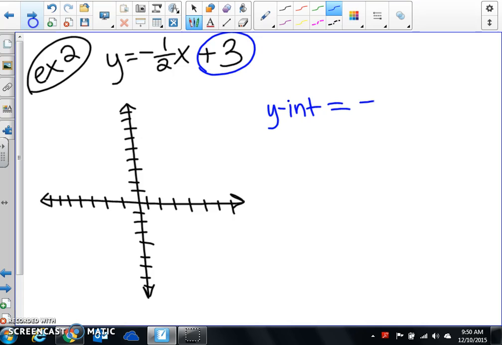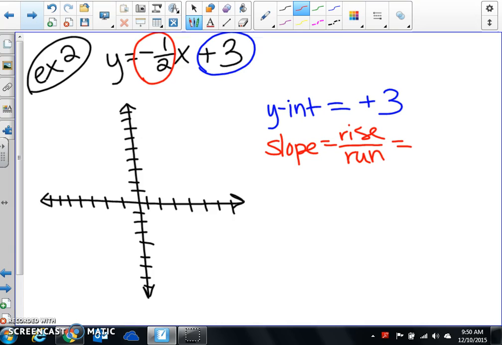So it's a positive 3. Then I find my slope, which is the same thing as rise over run, and that's going to equal. Now, if you look at our example, it's negative 1/2. You're always going to put that negative up top. Let me say that again. You're always going to put that negative up top. So this is negative 1 over 2.